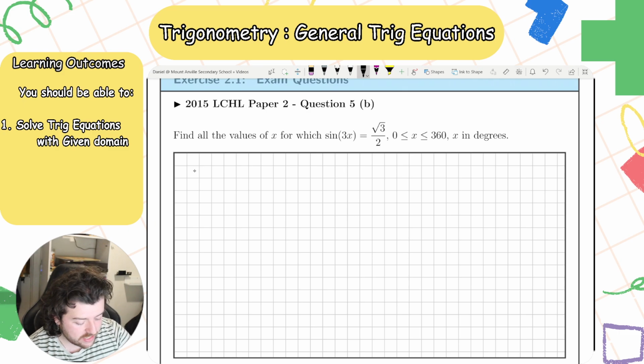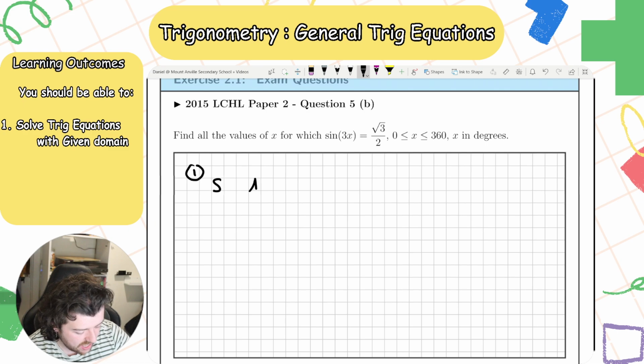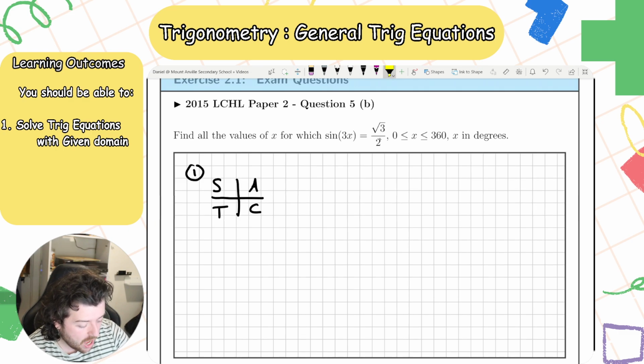Your first step is you need to find out which quadrant in my unit circle this solution lies. So remember, sex and the city. Sine here is positive. So since sine is positive, it's going to be in my first quadrant and my second quadrant. Now we find my reference angle.